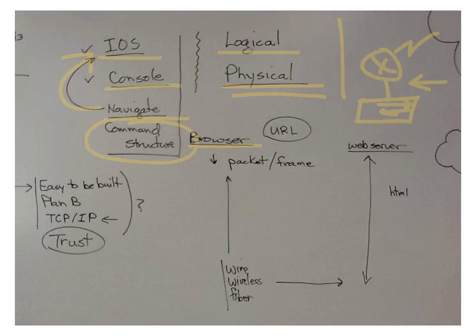We discussed the browser using a URL, web. So in the browser, you can type in a URL. Eventually, through this process, we create a packet and then a frame, and then we put it on some media.